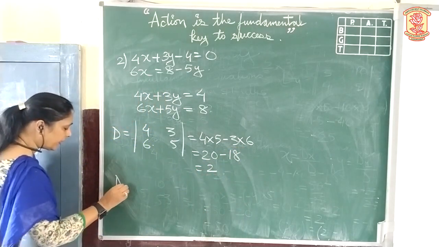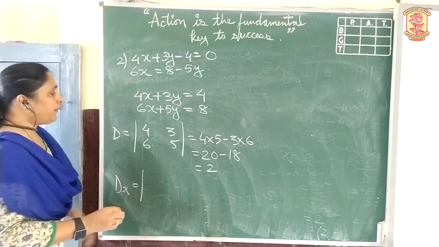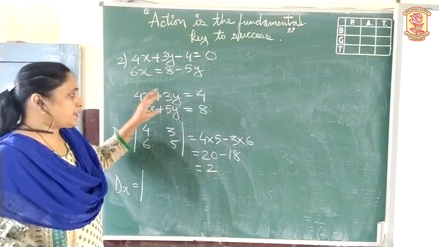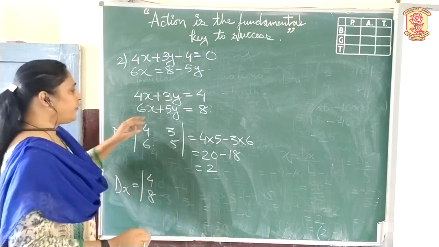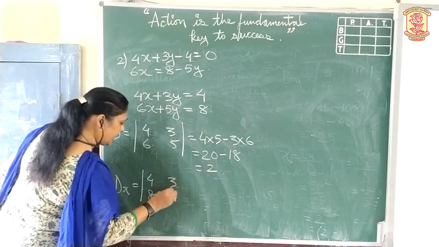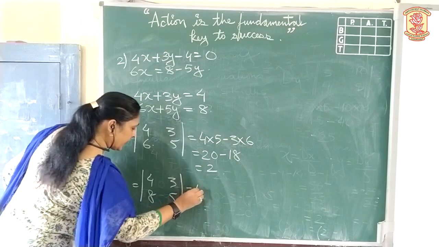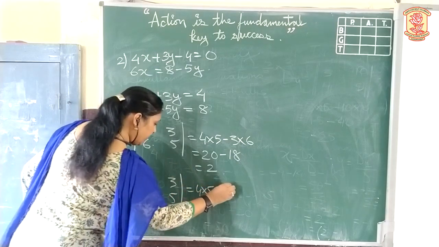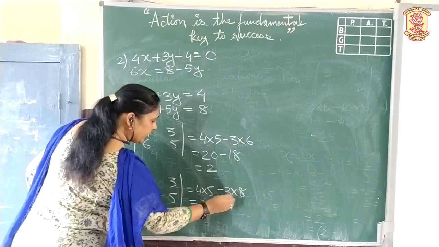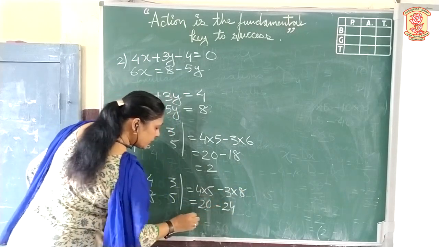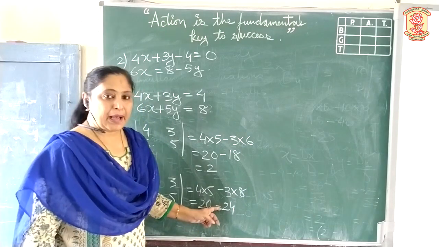Now for finding the determinant for x, in place of the coefficients of x, we write C1, C2, that is 4, 8, and the coefficients of y as it is 3, 5. Cross multiply, so we get 4 into 5 minus 3 into 8. 4 5s are 20, 3 8s are 24. So plus minus minus.